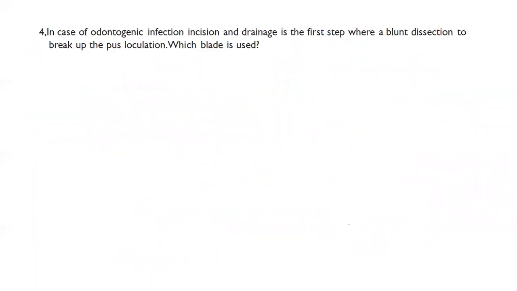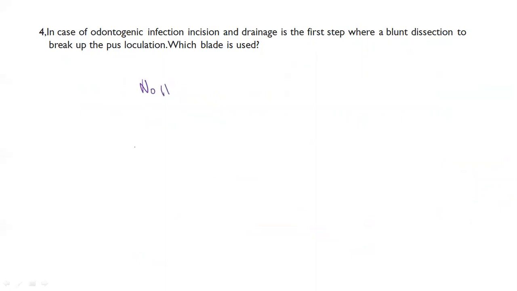Now, in case of odontogenic infection, incision and drainage is the first step, where a blunt dissection to break up the pus loculation is done. Which blade is used? Number 11 blade is used.